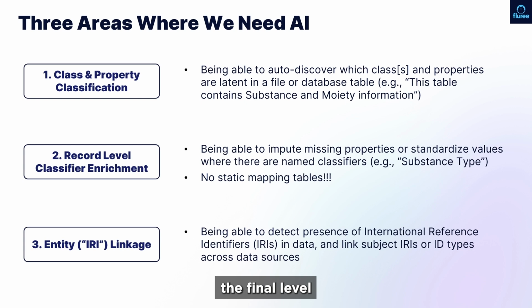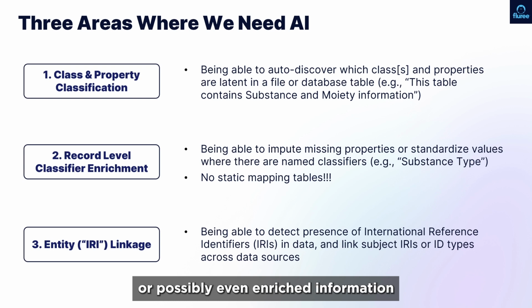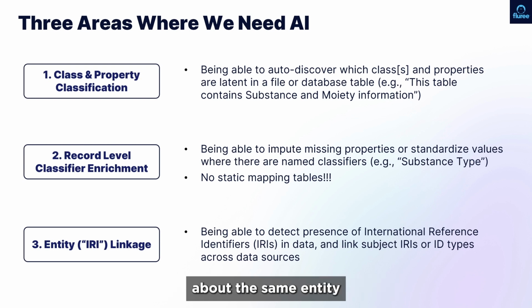The final level of mapping that's required in order to convert the relational data to a semantic form is going to be this IRI linkage. And what we mean here is that we're going to find lots of duplicate information, or possibly even enriched information, about the same entity in multiple different data sources.